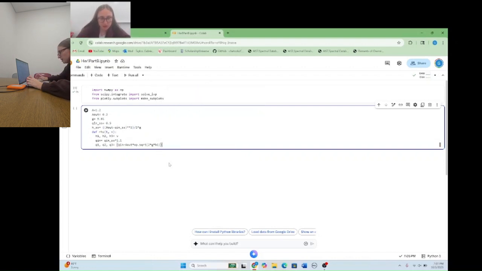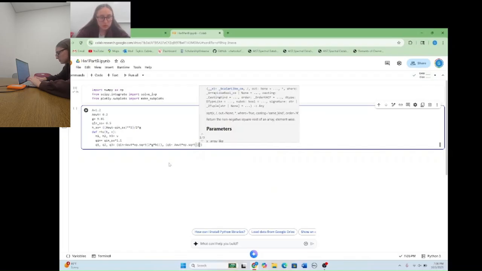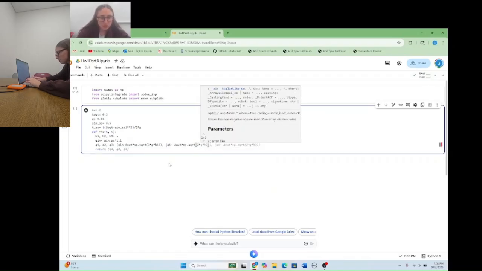So then after that, we're going to have our Q, not our Qn, it's going to be Q1 minus A out times np.sqrt of 2 times g times height 2.